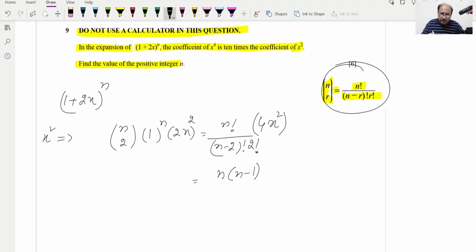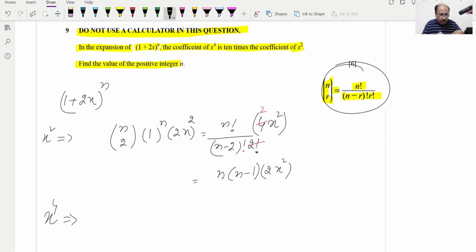The 2 factorial in the denominator will be cancelled with 4, and we'll get 2 over here, and this will be 2x squared, we can put in brackets, and this will be basically the x squared term.